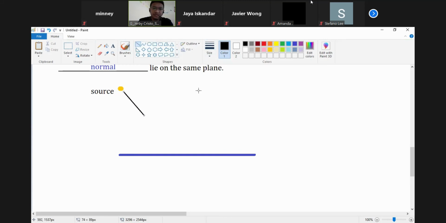That light ray will be striking the surface from the source, and then after that, it is expected to bounce. So what do you call the light ray from the source to the surface? Incident ray. So we call this the incident ray.